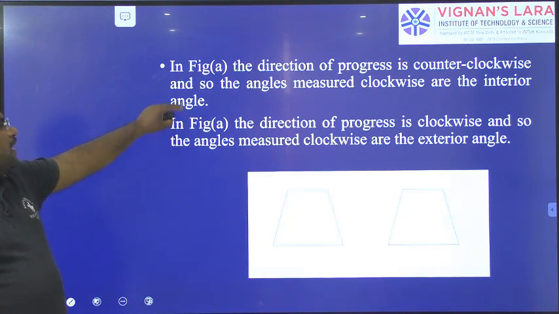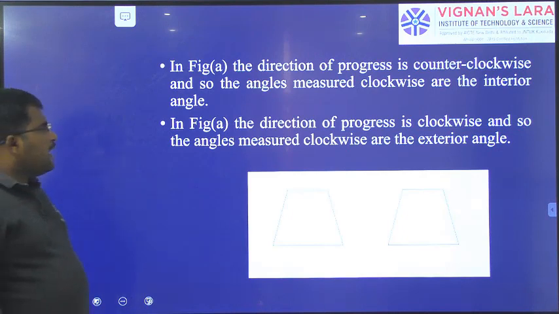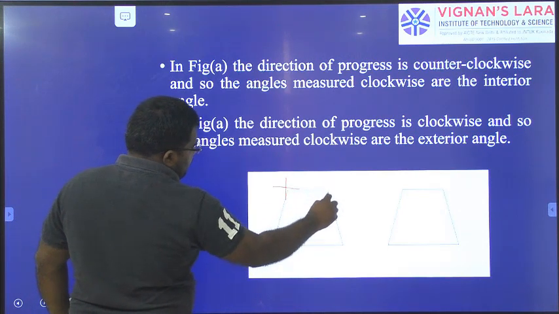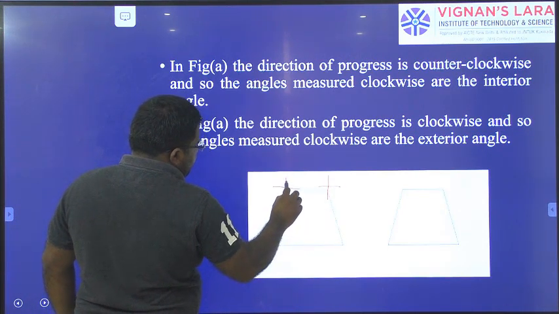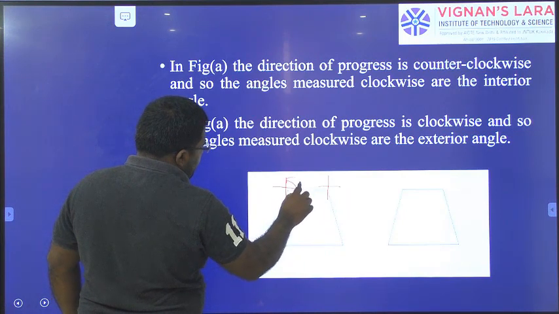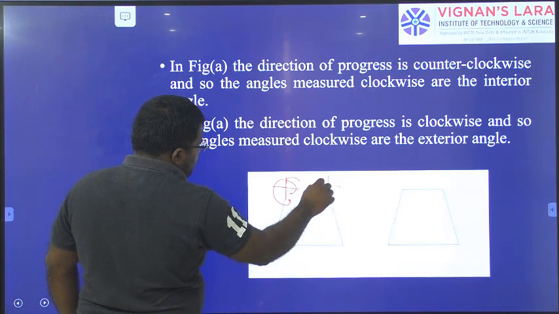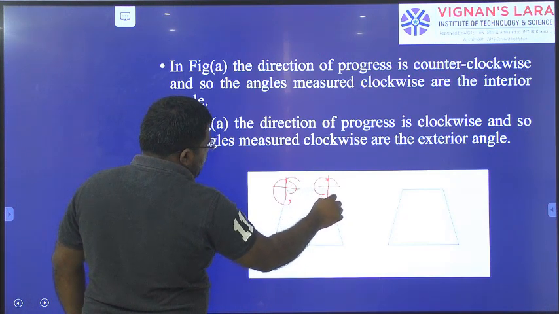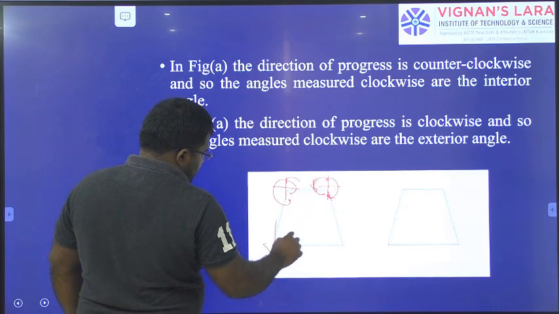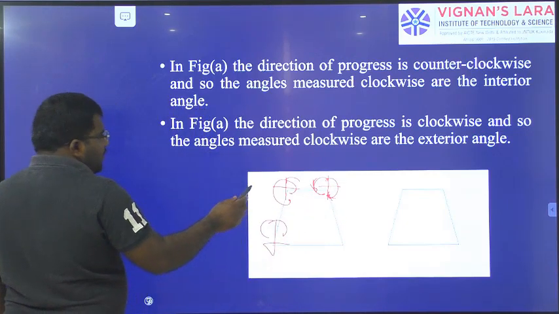In figure A, the direction of progress is counterclockwise, so the angles may be the interior angles, right? So if you are taking values at each station like this, if you are not doing calculations, these are exterior angles we are going to get.